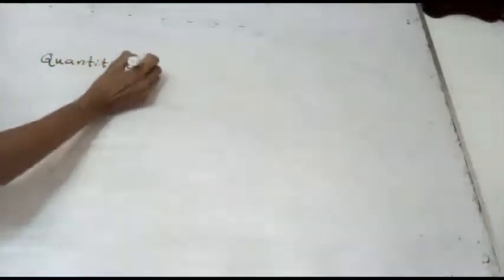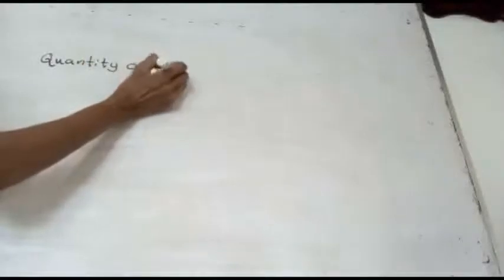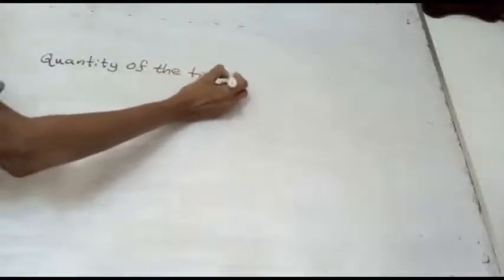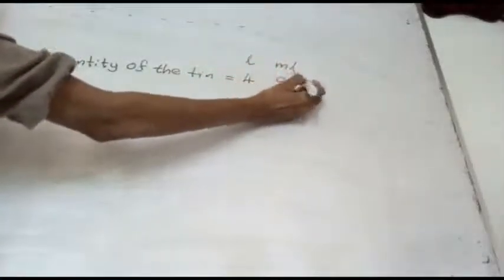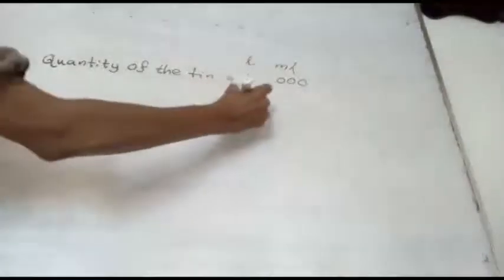The quantity of the tin is equal to 4 liters and no milliliters.